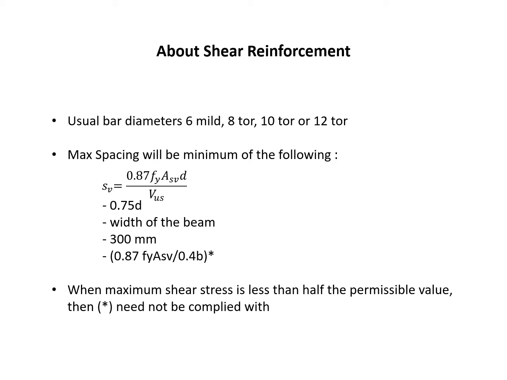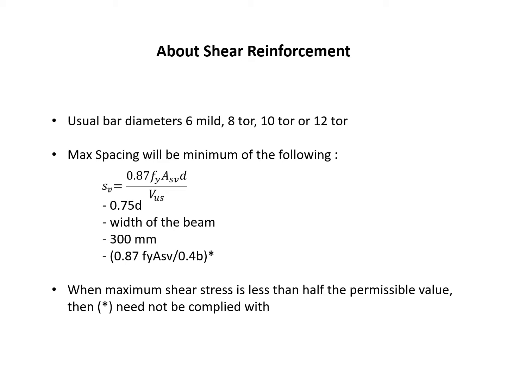When we do problems, we are going to do calculation, but just for information, Sv, as I just explained, comes from the formula, or 0.75d, where 0.75 is the number and d is the effective depth of the beam, or width of the beam, or number 300, or 0.87 into fy into Asv upon 0.4b.